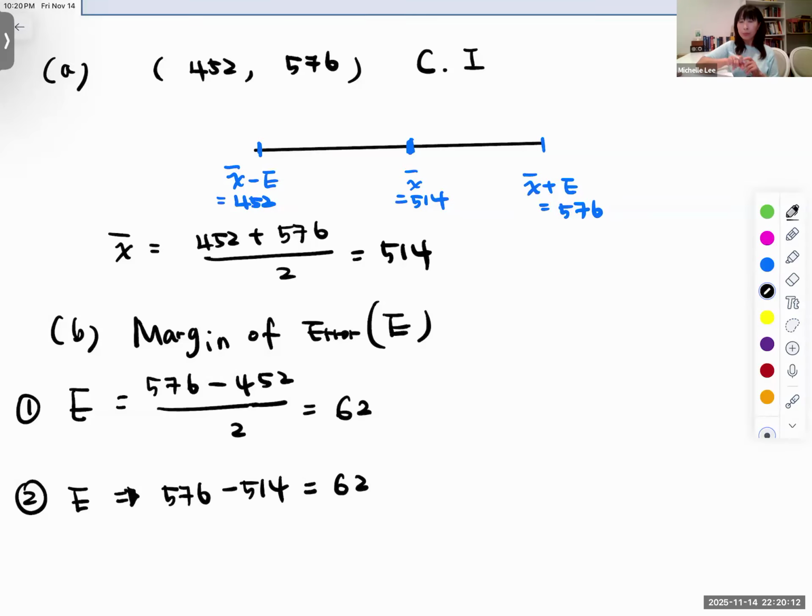Or you can check it out from the other side: 514 minus 452 equals 62. Yeah. All right, let's check that.